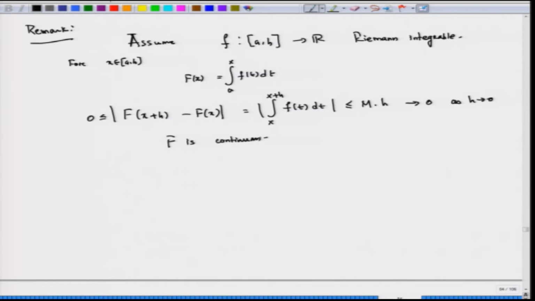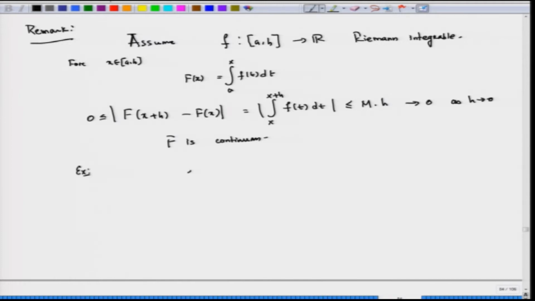However, we do not know whether capital F is going to be differentiable. So, towards that, let us consider an example.